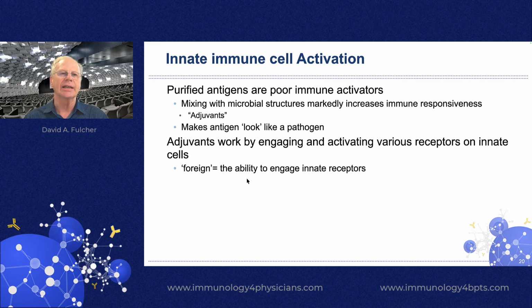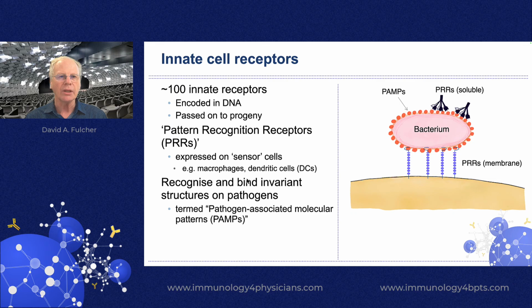By foreign in an immunological sense, we mean the ability to engage innate receptors. Well, here is a section on innate cell receptors that we've alluded to several times already. There are about 100 receptors encoded in DNA passed on to progeny, and we call these PRRs, or pattern recognition receptors, for obvious reasons.